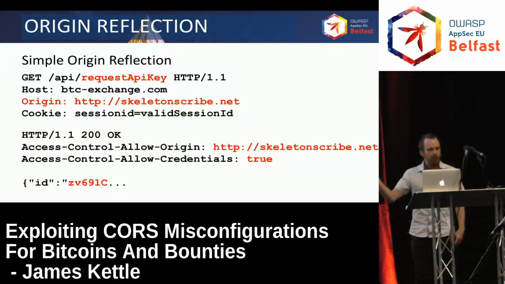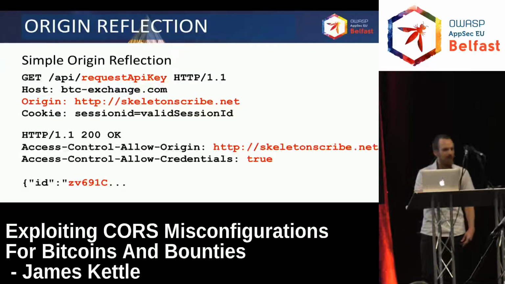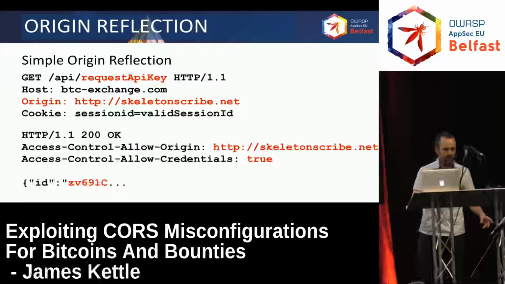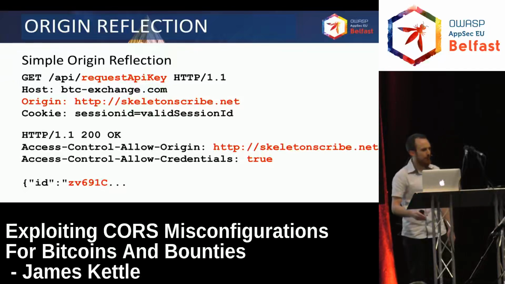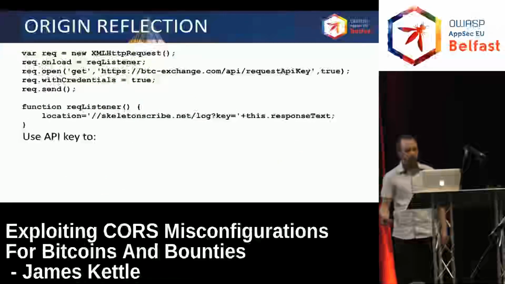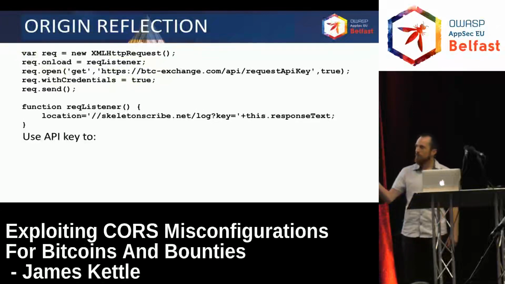So if we look at the top request, this says, "Hi, I'm skeletonscribe.net. Can I access this user's private key?" Their private API key, that is. And this exchange says, "Yeah, skeletonscribe.net, you sound trustworthy. Have this user's private API key." And that means with a tiny bit of trivial JavaScript, I can grab anyone's private API key.